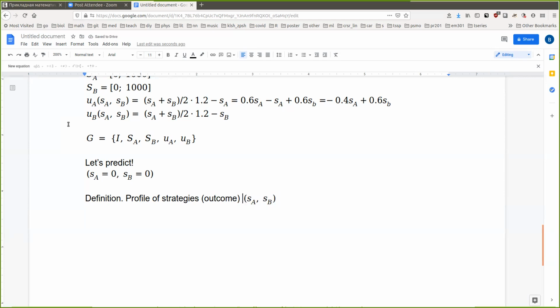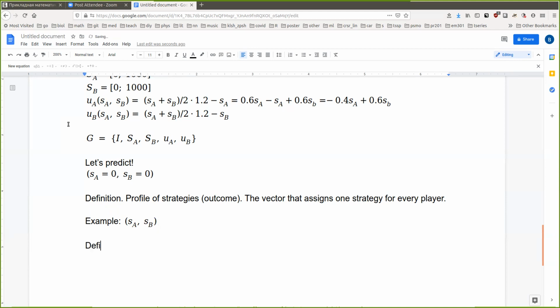Maybe we need to write first in general: the set, the vector of strategies, the vector that assigns one strategy for every player. Okay, that's a profile of strategies. In our example, the profile of strategy is just a vector S_A, S_B because we have two players.